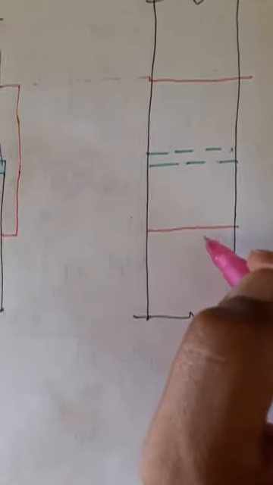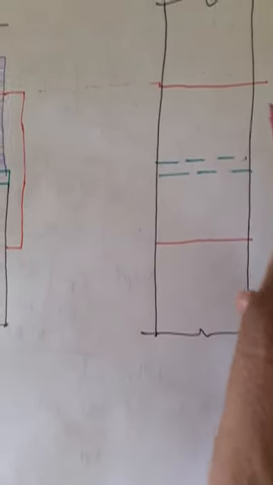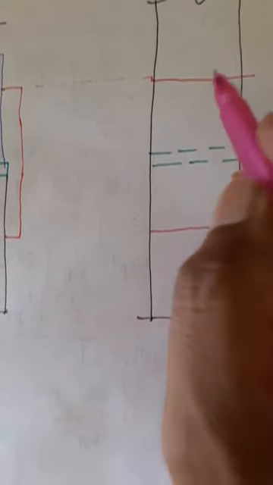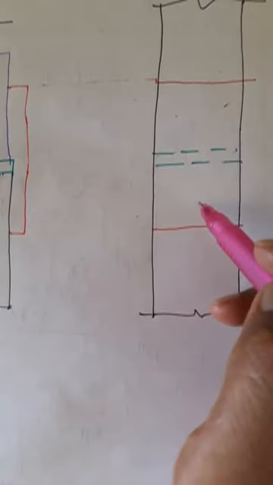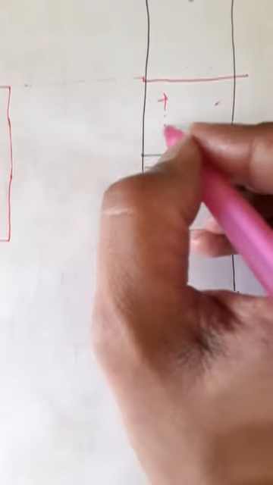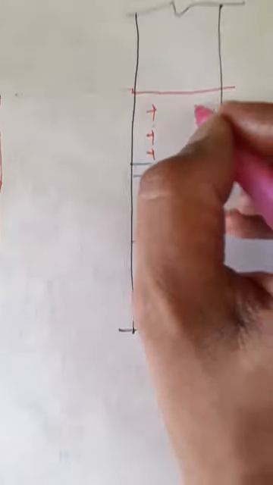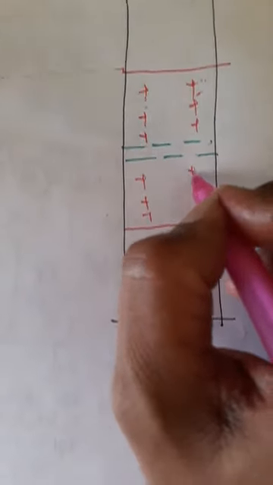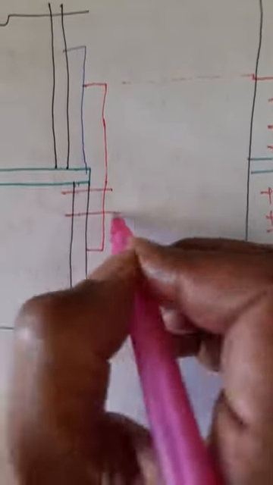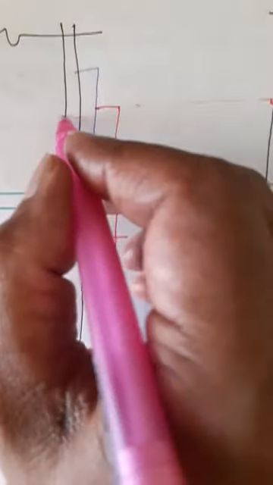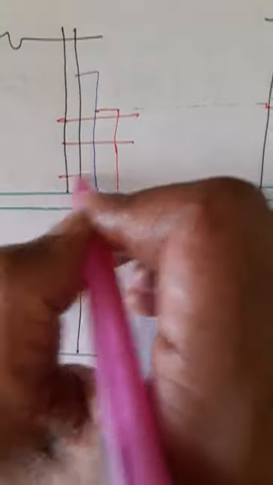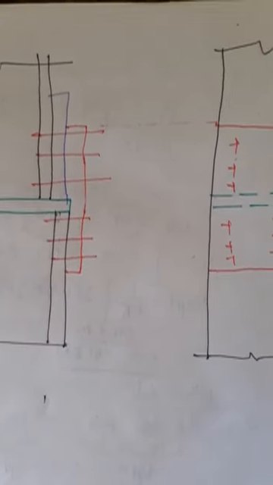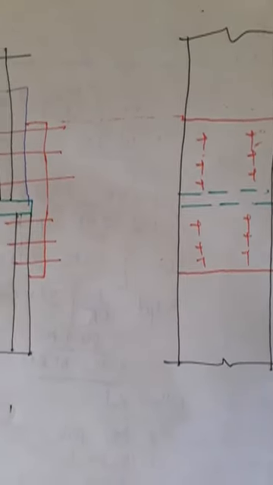Now what my solution says is 12 number of bolts. So 6 here, 6 here, 1 2 3, 1 2 3, 1 2 3, 1 2 3. So show them here. Now only for filler plate I have to provide 6 bolts.